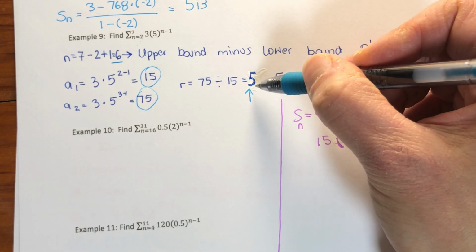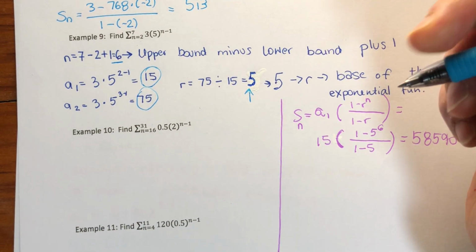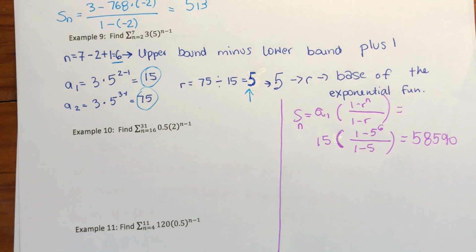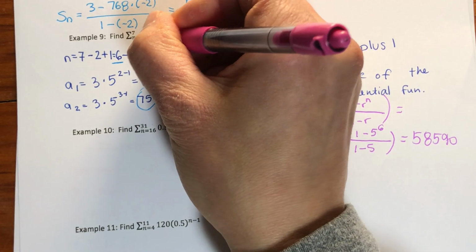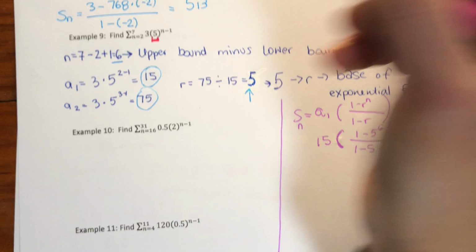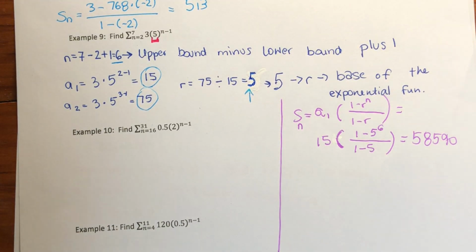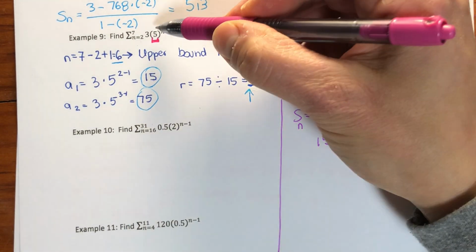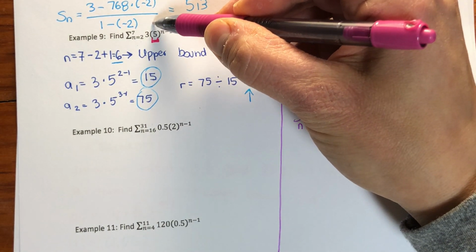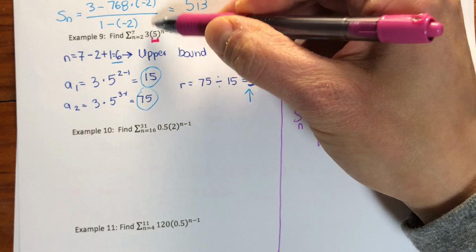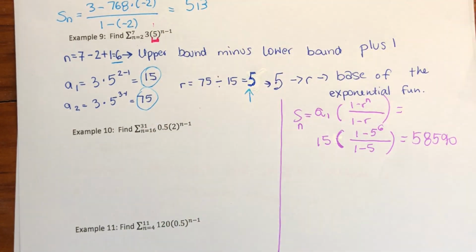My common ratio is 5. However, did I have to do that? When we were given our formula at the beginning of this paper, we did see that whatever we are raising to the power of n minus 1, that is our r. I just wanted to show you that this is the case. So this is the base of the exponential function.